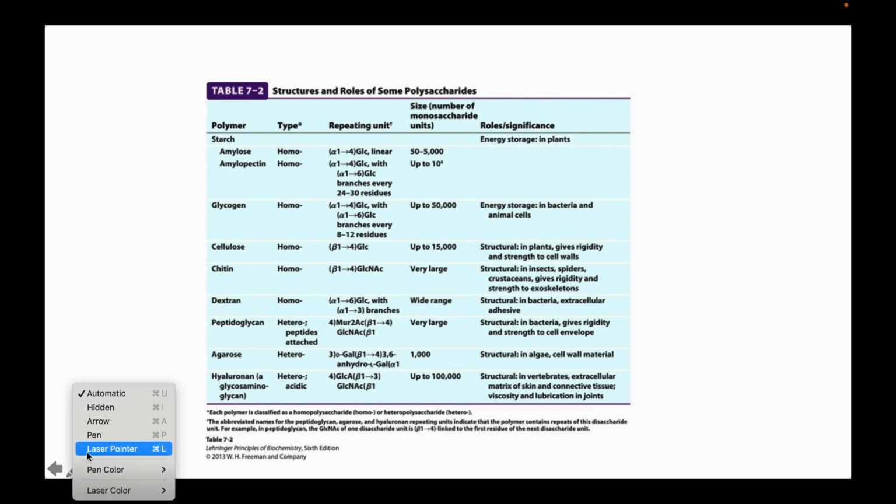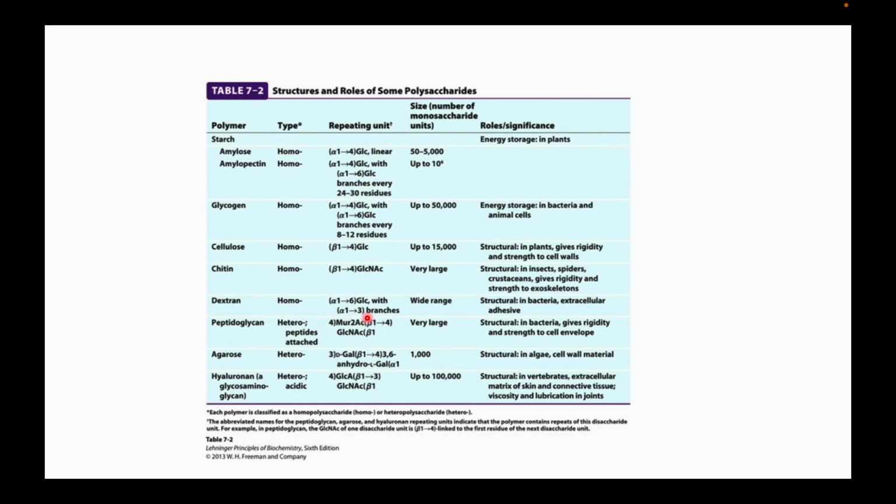Then we have dextrin. Dextrin is also a homopolysaccharide. It has alpha 1,6 linkages, and see, the branching here occurs at 1,3. Okay, so till now we have seen the branching occurs only at 1,6 in starch and glycogen, but in dextrin the difference is it's a homopolysaccharide of glucose only.